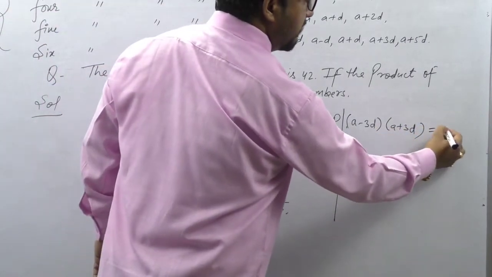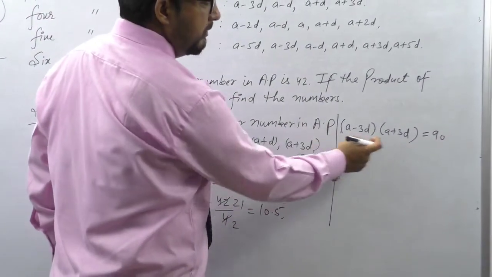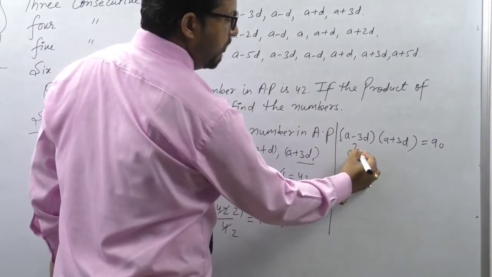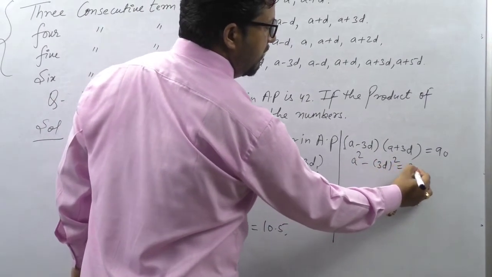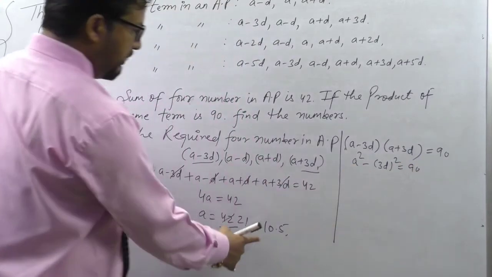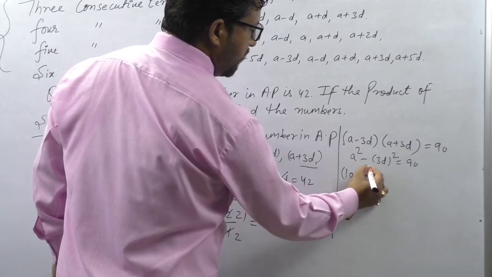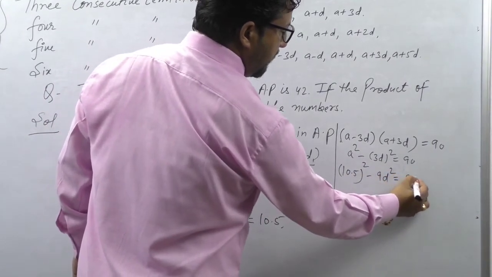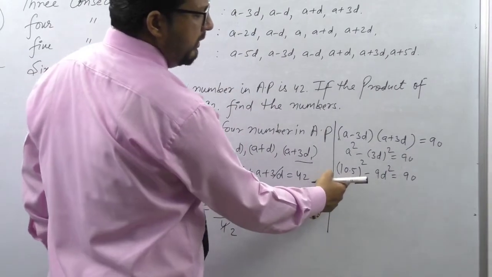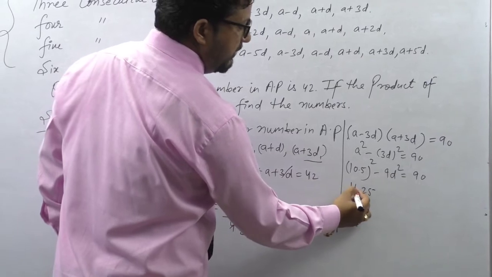You already know the formula a minus b times a plus b, so it will be a square minus 3d whole square. The value of a is 10.5, so 10.5 whole square minus 9d square equals 90. Squaring 10.5 gives 110.25.